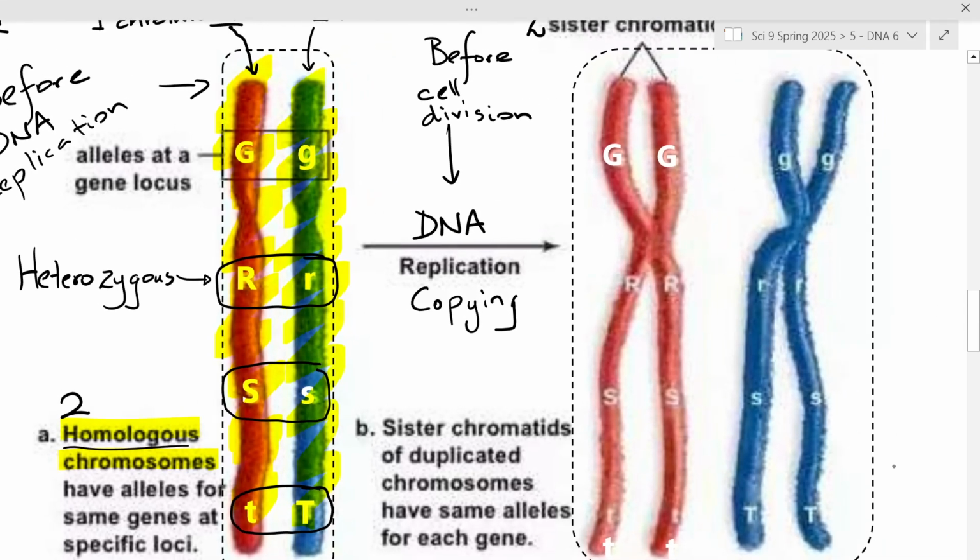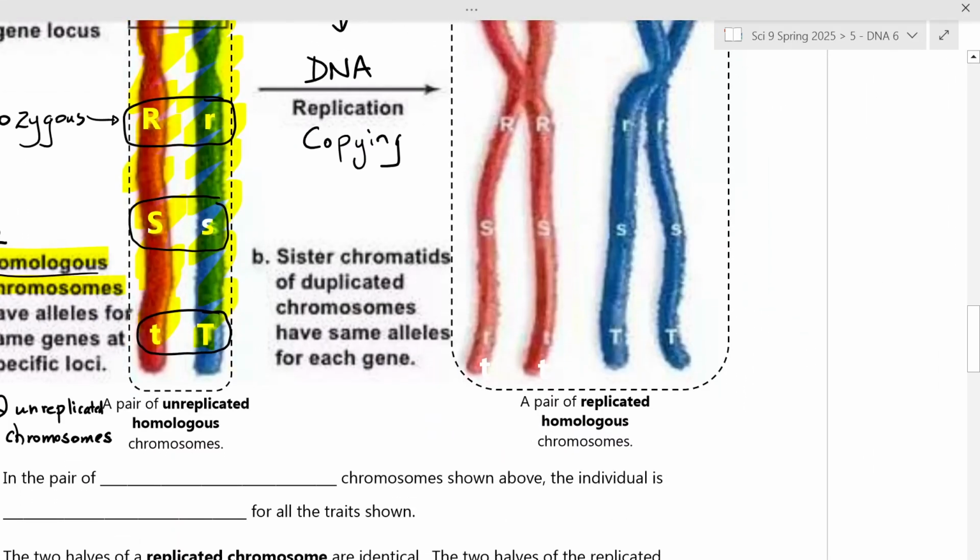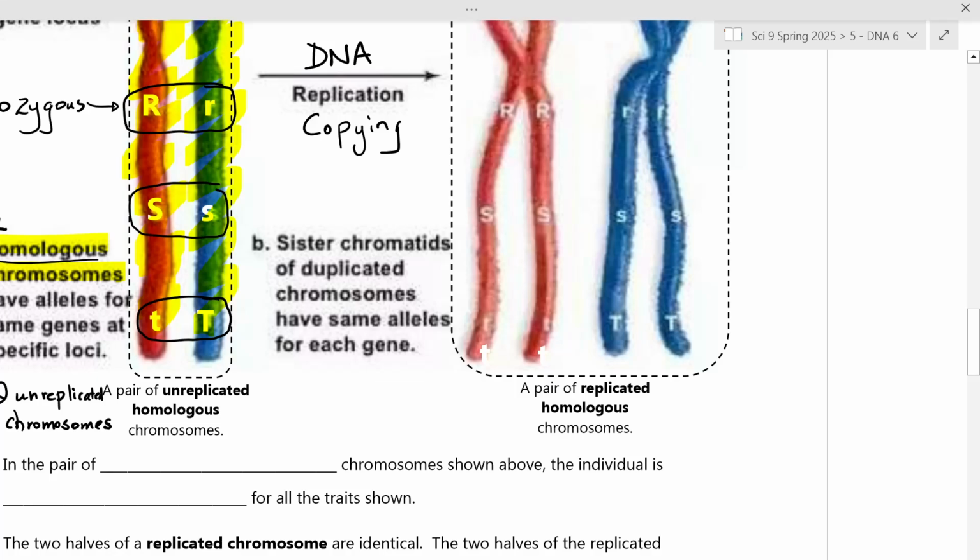Now, when we go over here, we still just have 2 chromosomes, 2 replicated chromosomes. So this is a chromosome. This is a chromosome. Say it with me.